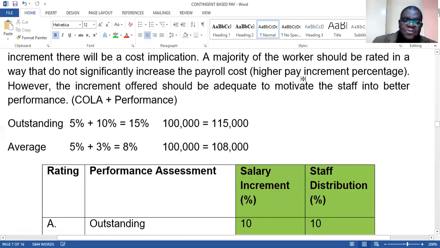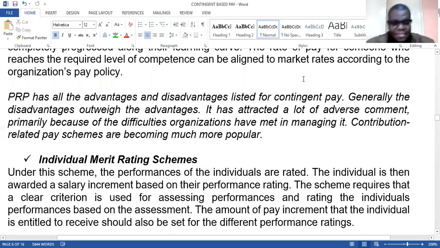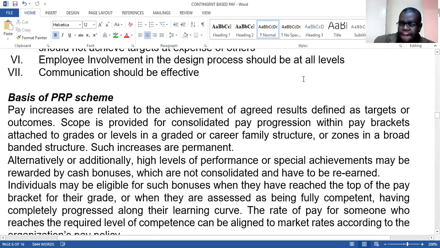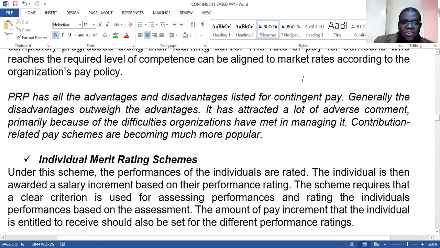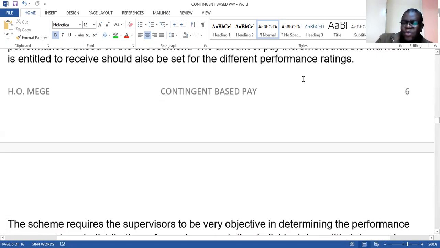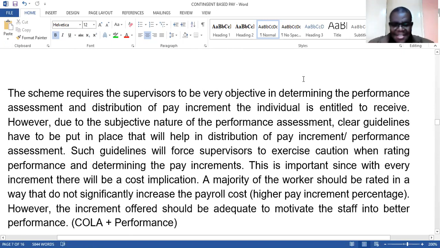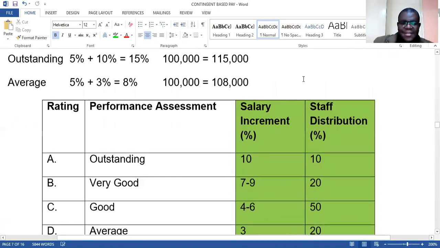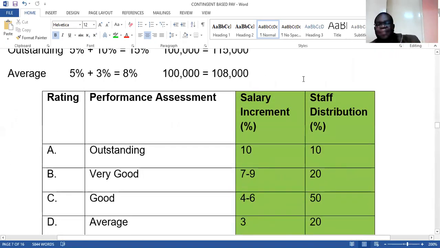So what are the types of PRP schemes? We have individual merit schemes. Individual merit schemes will be where targets are set and the individual performs, and depending on how they will perform, we will rate their performances and use the results to award a salary increment. Usually, there will be a rating scale in place.